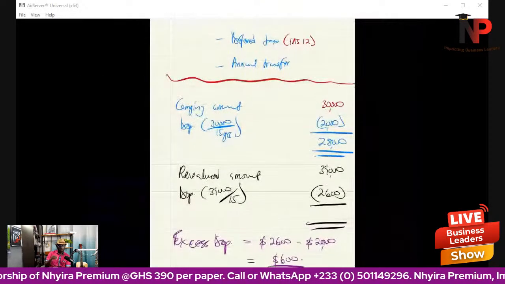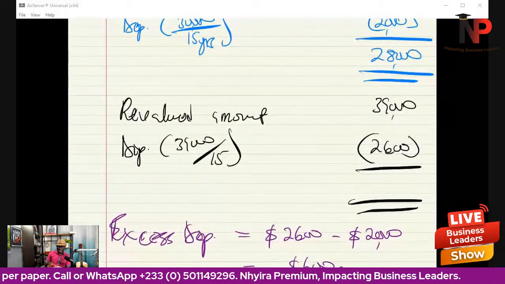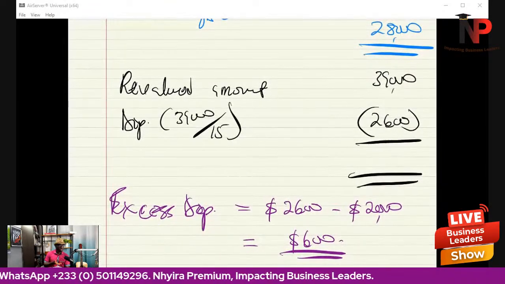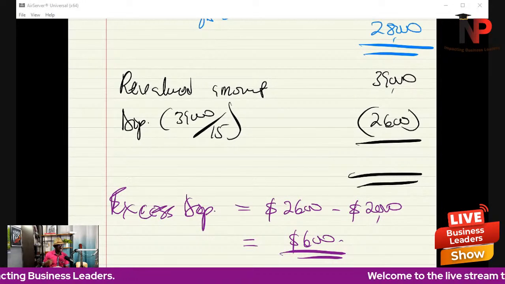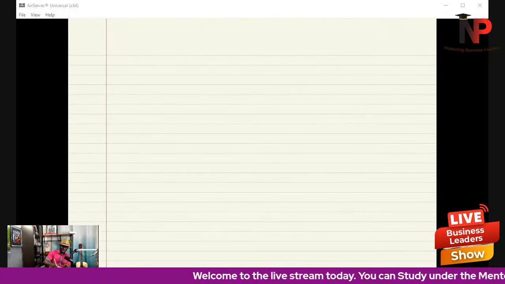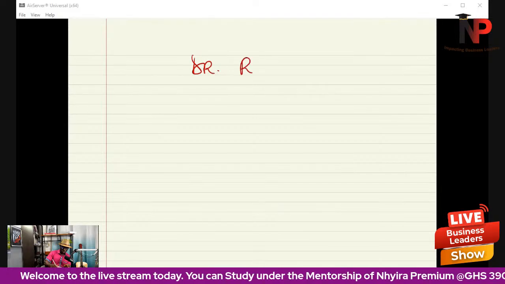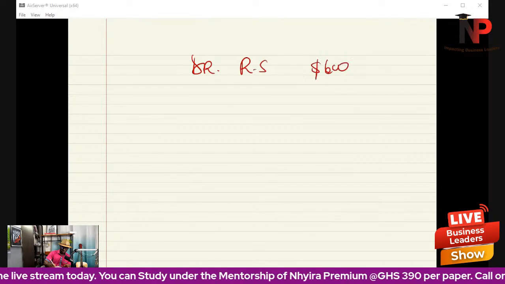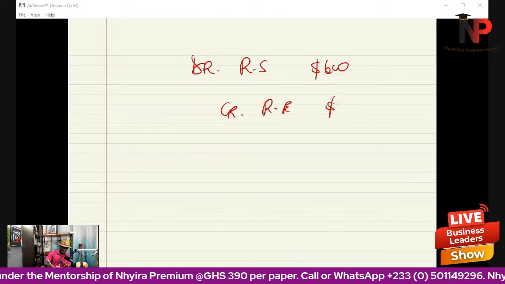In order to compensate the shareholders for this loss, because this is not really an expense for the company, so they shouldn't be punished for it, they should still get their dividend for the year, we are going to transfer the 600 from the revaluation surplus account. So we'll debit revaluation surplus with 600, and credit retained earnings with 600.